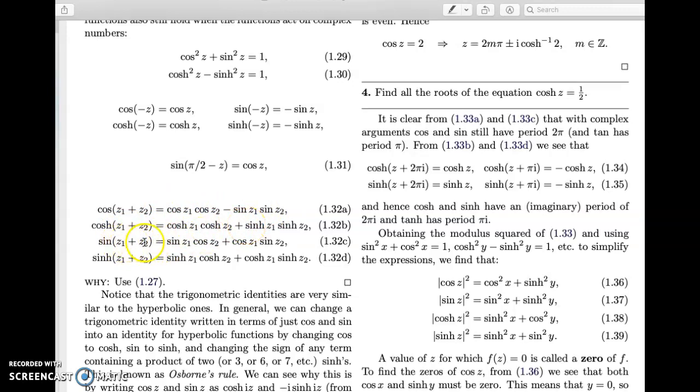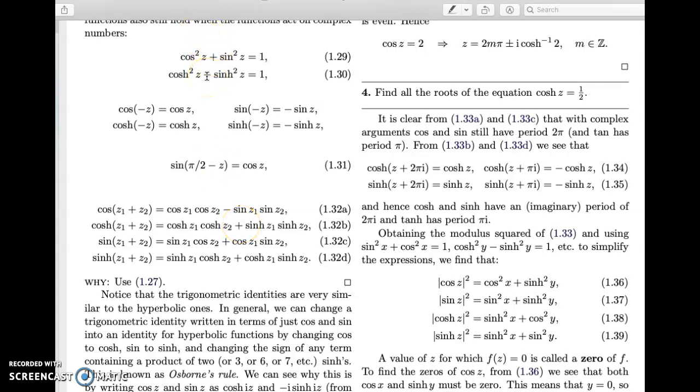With the sine of z1 plus z2, you've got sin cos plus cos sin. Sinh looks the same: you've got sinh cosh plus cosh sinh. So sometimes the signs agree with each other, and sometimes they don't. Here they don't. You've got a minus here, you've got a plus here.